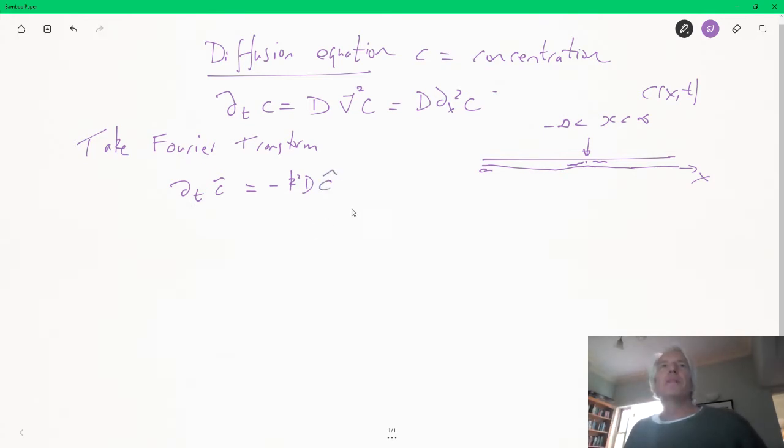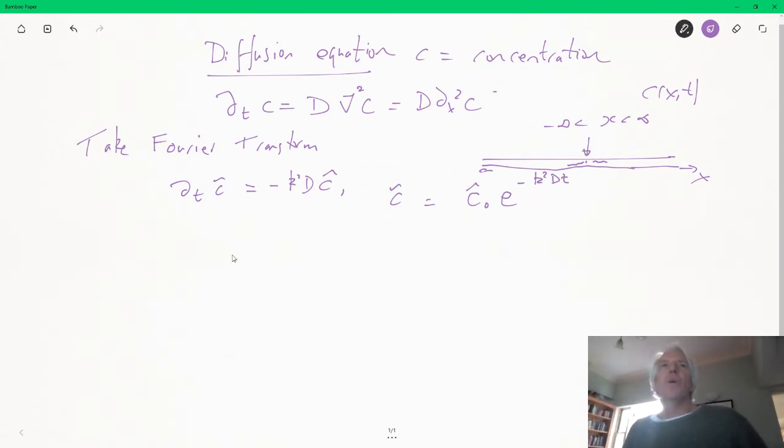Okay, no problems, and we can solve that immediately because it's no longer a PDE, it's an ODE, right? And we get c hat is equal to c hat naught e to the minus k squared Dt.